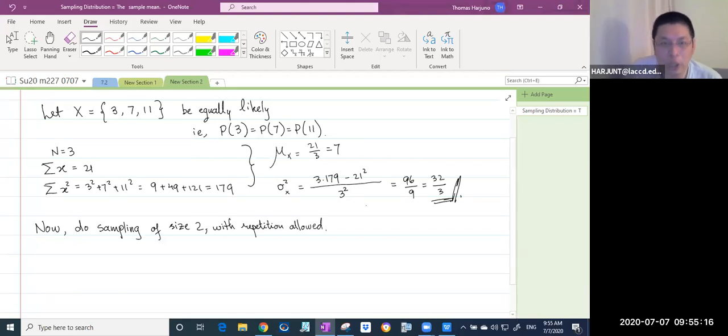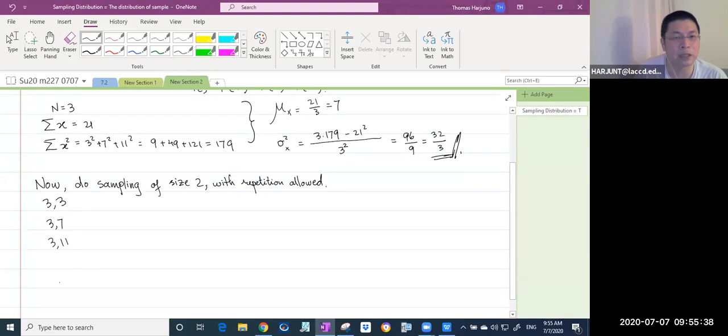Now, I need you to write all the possible outcomes if you do sampling of size 2 with repetition allowed. So, for example, the first possible sample you get is 3, and then another 3, 3, and then 7, 3, and then 11. That's the first 3 possible, right?